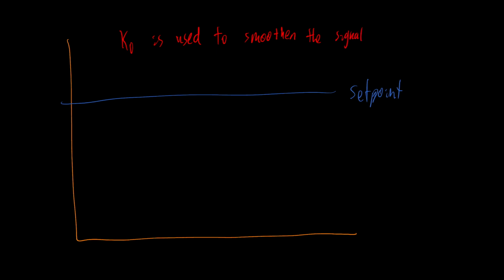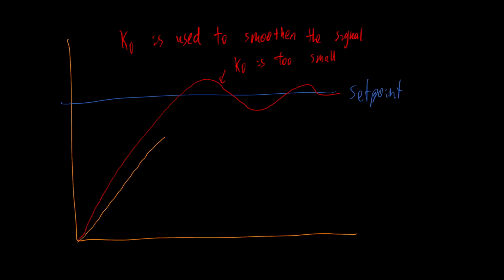If Kd is too small, you'll still see an overshoot and you'll still see some oscillations. If Kd is just right, Kd will flatten out the overshoot and then it will settle.